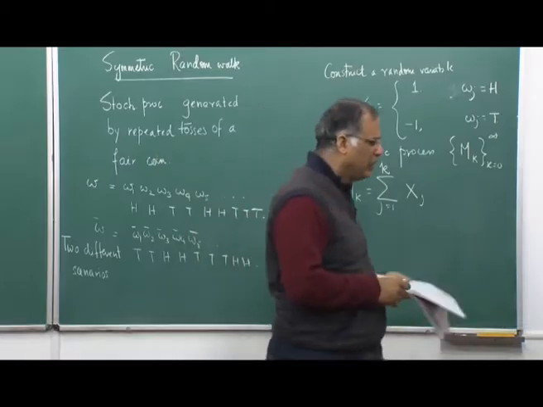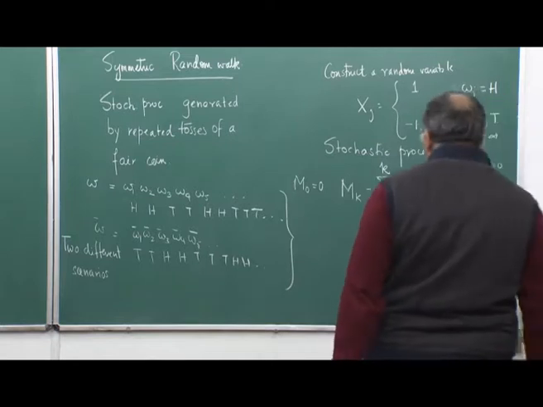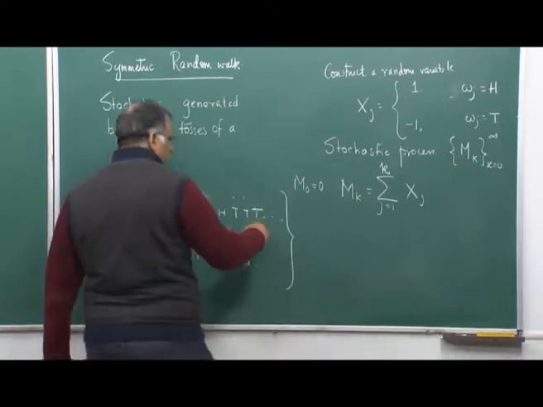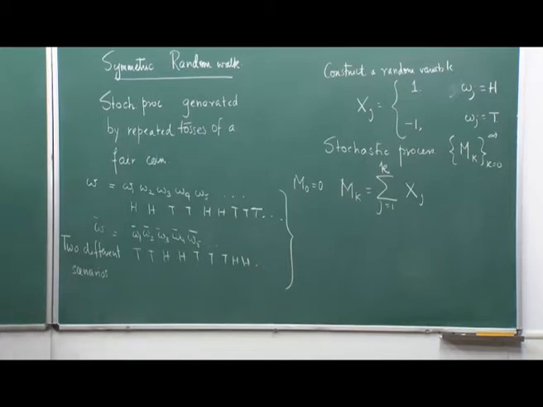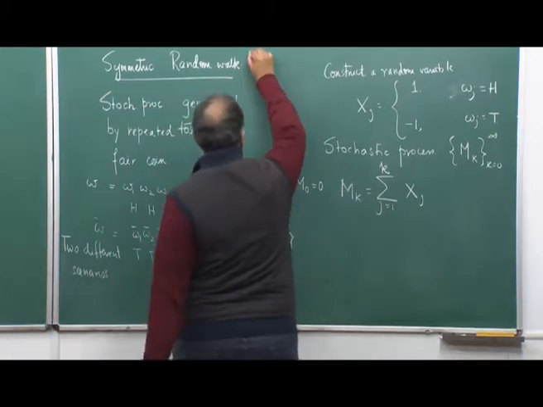Let us see what would happen if one particular scenario like this evolves, and what the sample path of this is. This symmetric random walk is also called a drunkard's walk.